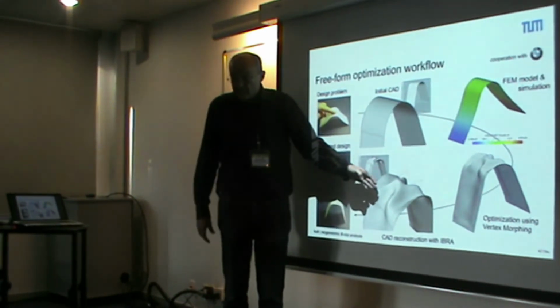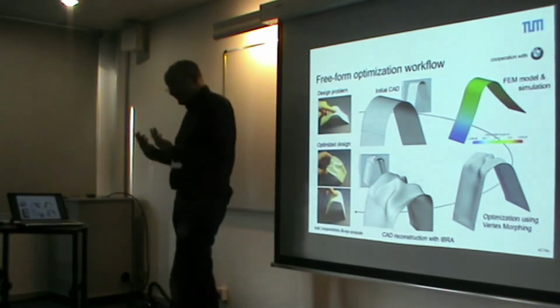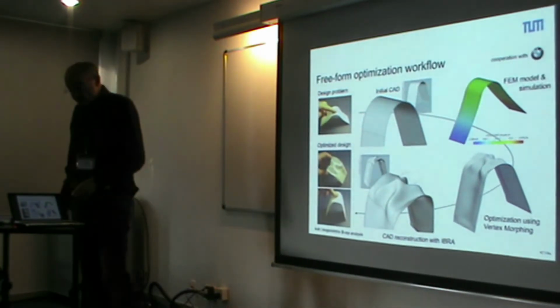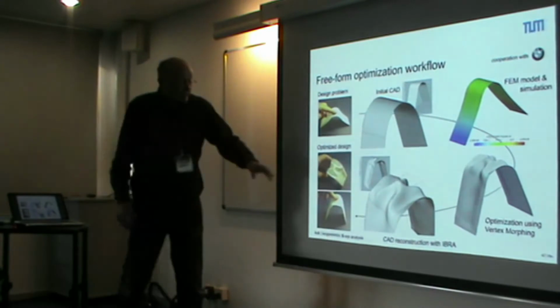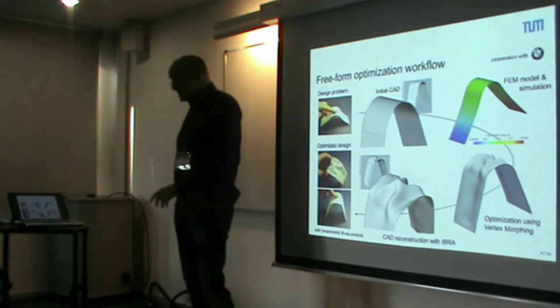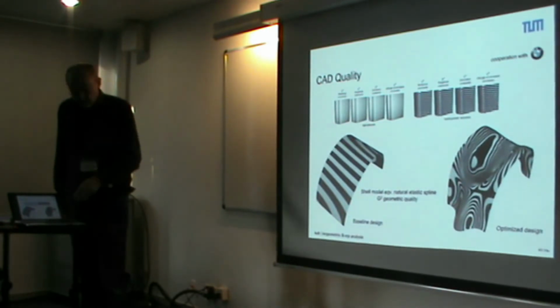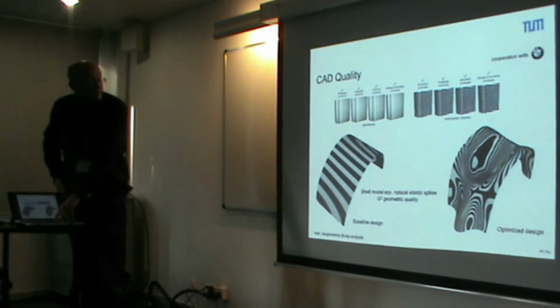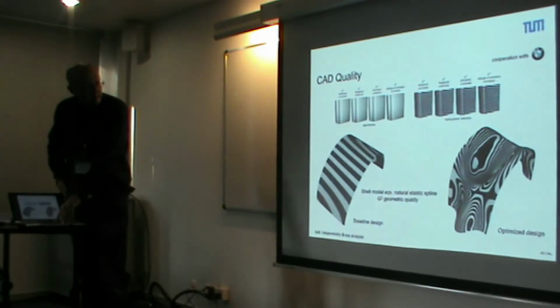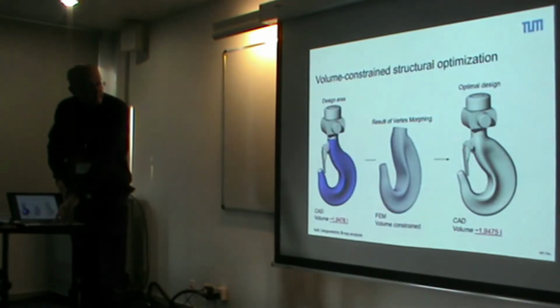And there again, we make use of trimmed surfaces, to bring that back into something which is suitable for the designer. So, typical trimmed surfaces, and the good information is that the surface quality is really most impressive if we do that.